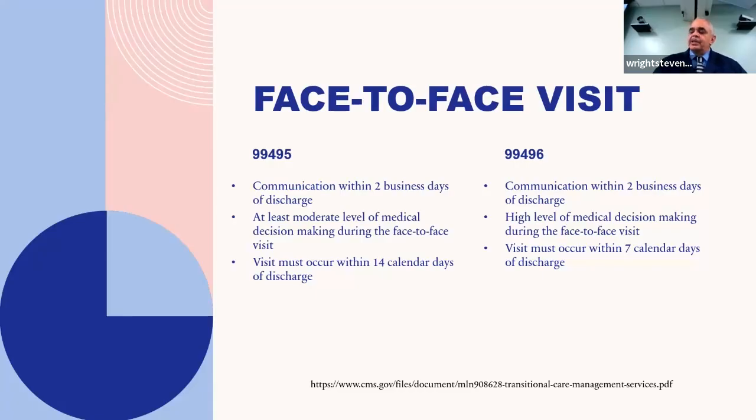There's a diagram in the CMS booklet that talks about how you determine if this is a moderate or a complex, not just based on when you're seeing them, but on the complexity of the disease itself. Those guidelines are out there. We shouldn't necessarily go through that. But I think that all of us who have been doing this for a while know a complex guy when you see one. And so that's not a big hurdle to jump over.